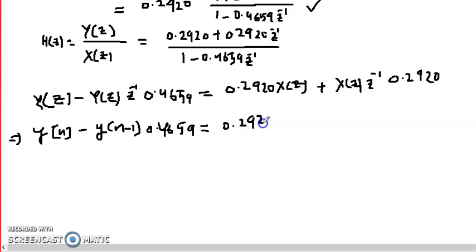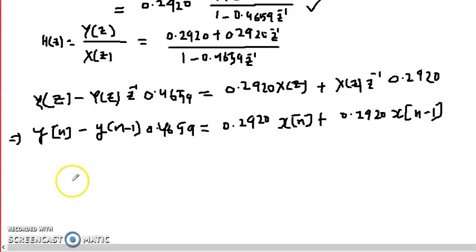The same equation can be written in the n domain too. This difference equation will be a digital system which can be implemented by delay elements.